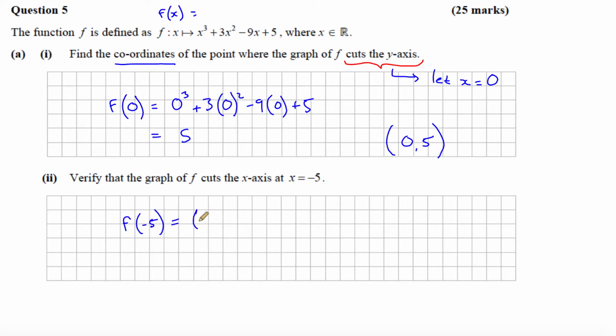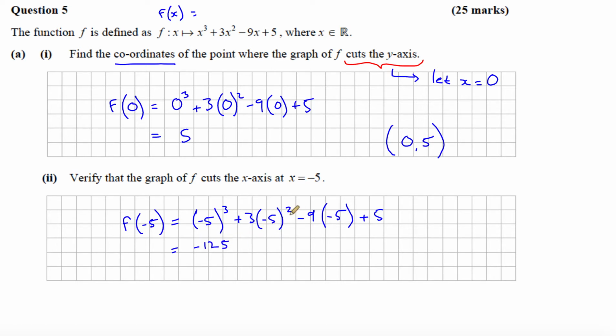So we get minus 5 cubed plus 3 on minus 5 squared. I'm replacing the x's here with minus 5. Minus 9 times minus 5 plus 5. So this gives us minus 5 cubed is minus 125.